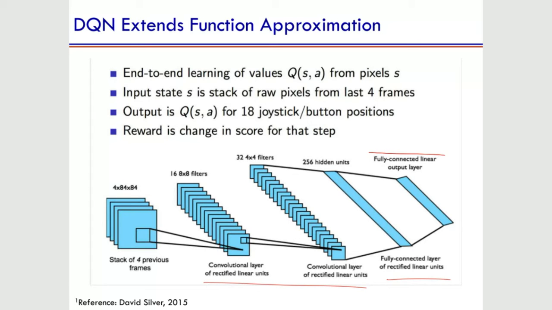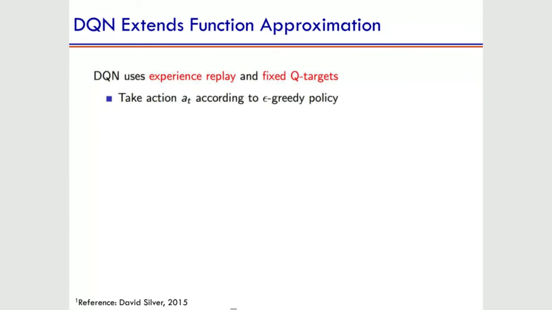Its input is a stack of 4 previous frames of the game screen, and there are some 18 odd joystick moves that you can do: the pause, left, right, all the special moves and so on. As I said, there are two key important things: one is called experience replay, and the second is called fixing Q targets.